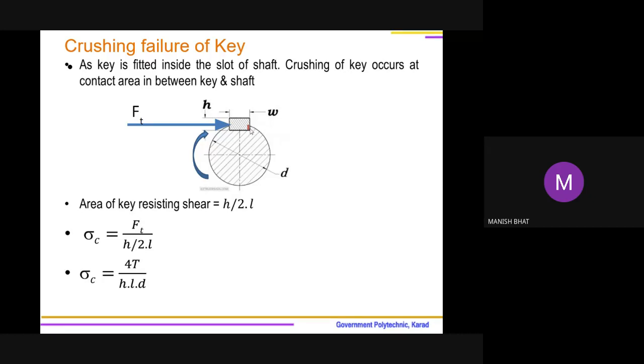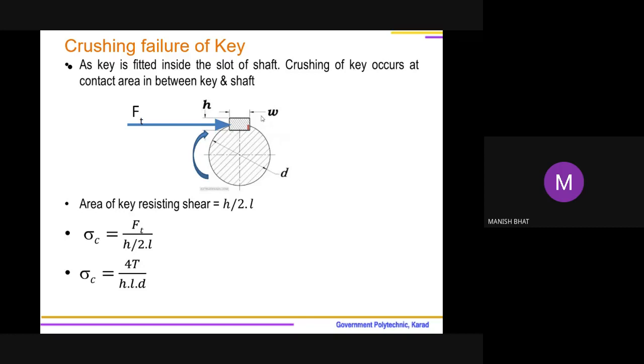So you will find that at this particular height, half of the key is fitted inside the shaft. So this h by 2 portion runs along the whole length. This force is not only acting at a point, but over the whole length.